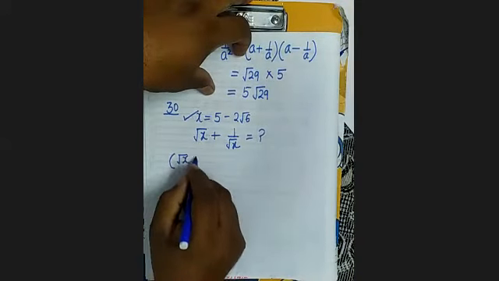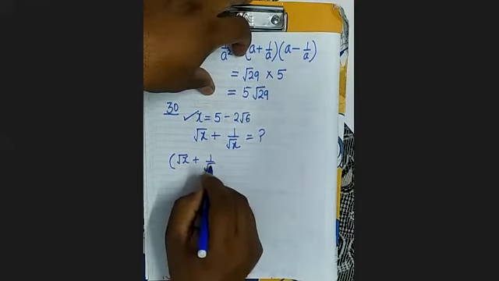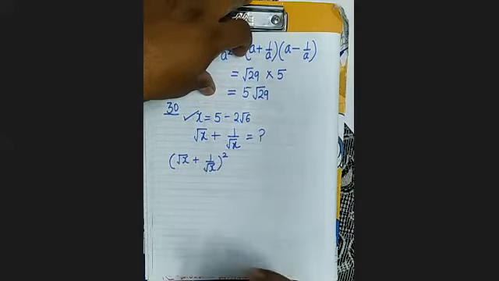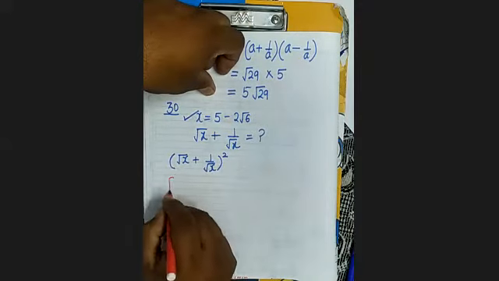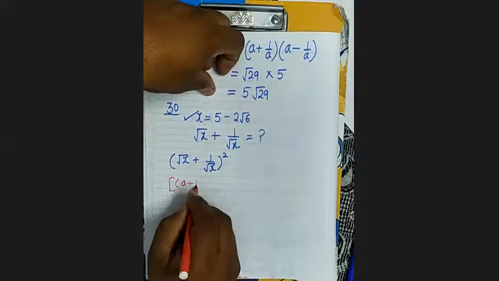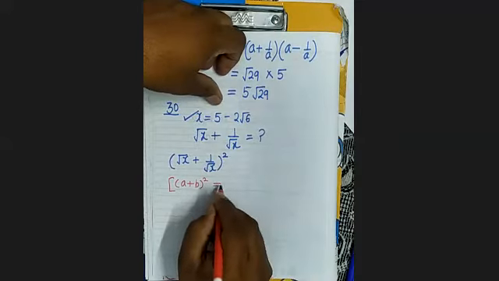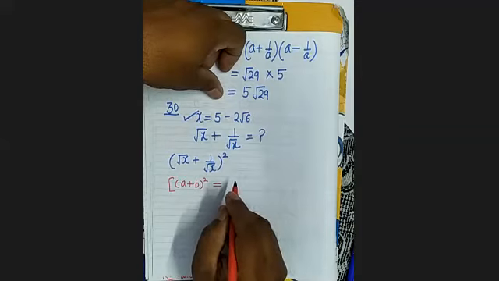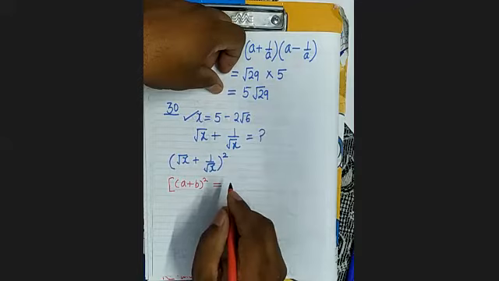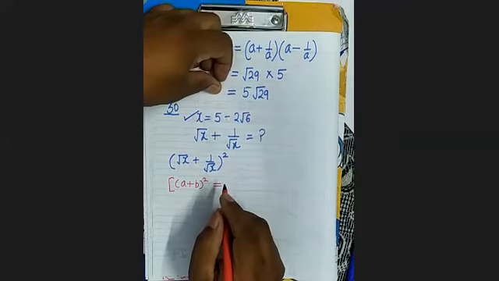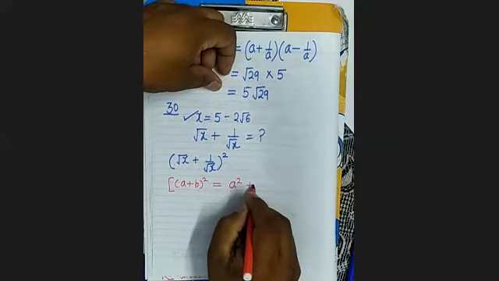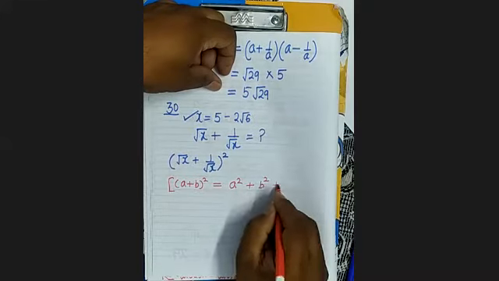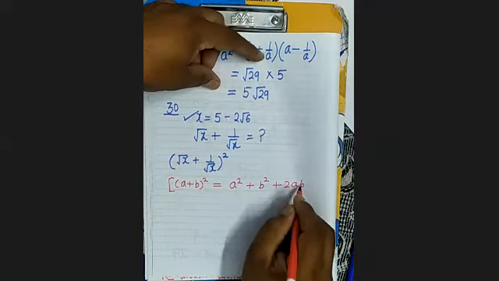We will find out its whole square. To open its whole square, which formula will we use? A plus B whole square equals, who can tell? A square plus B square plus 2AB.